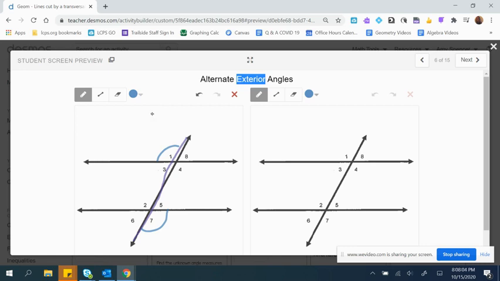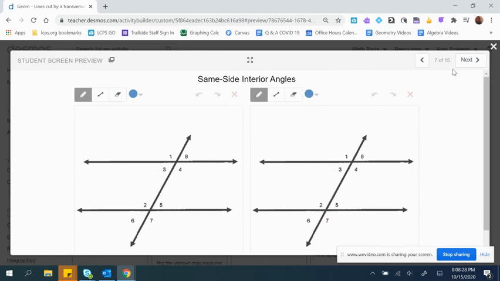Likewise, we can do this again here in a different orientation to find the other pair when you think about that transversal. And you look for the alternate angles. If we focus on angle 8, that's on the right. So I don't want to use the left angle that touches it on the exterior. I'm using the left angle that does not touch it. 6 and 8 would be your other pair of alternate exterior angles to use.